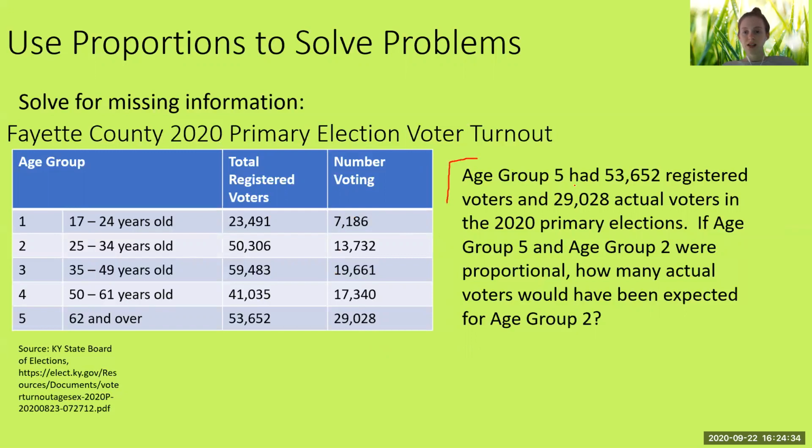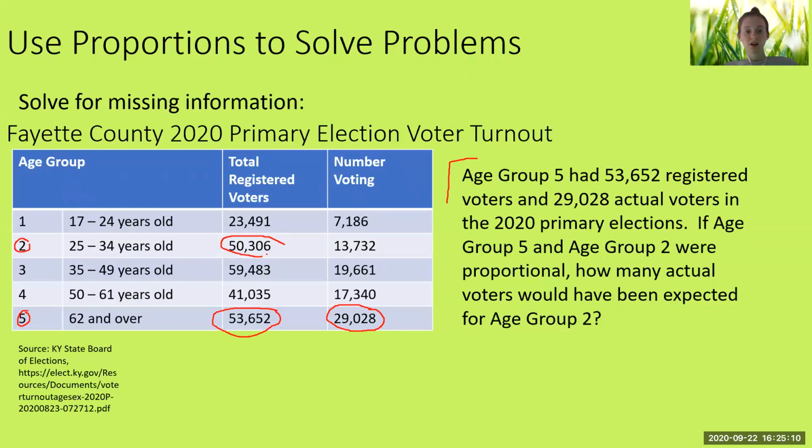It says age group 5 had 53,652 registered voters and 29,028 actual voters in the 2020 primary elections. If age group 5 and age group 2 were proportional, how many actual voters would have been expected for age group 2?